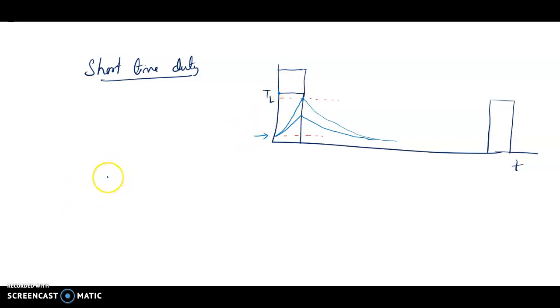Let us take another one, intermittent duty. So let us take another page. Here we have intermittent periodic duty with three different types, and here we have continuous duty with four different types.